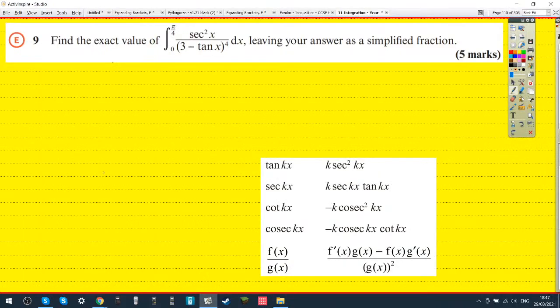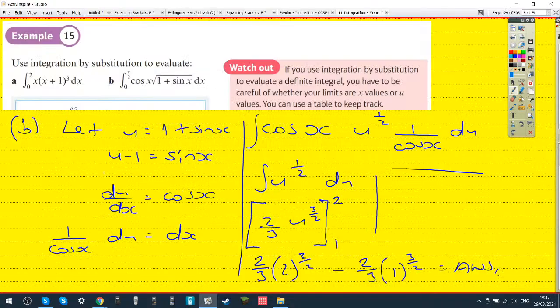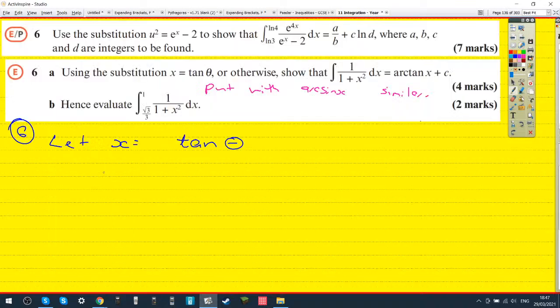Let's see. This is the derivative. Oh, we want the derivative, don't we? So sec squared x, sec squared theta. That's from the formula booklet. Okay, so it was sec squared theta. Yeah, I would always look up the formula booklet for trig.